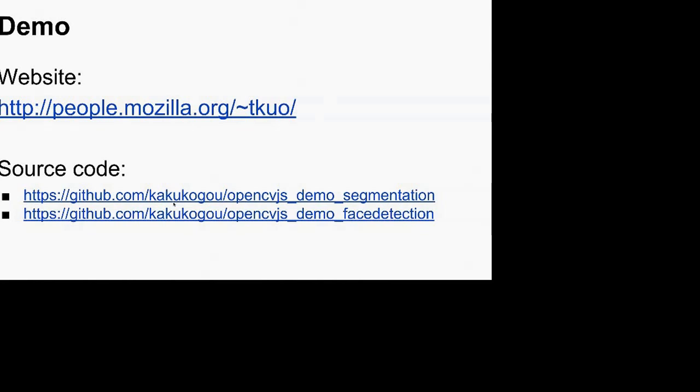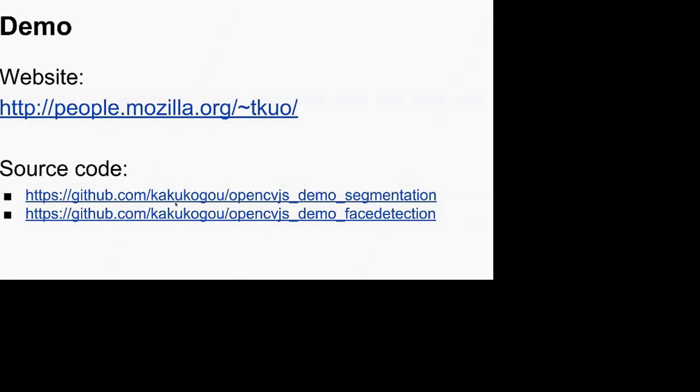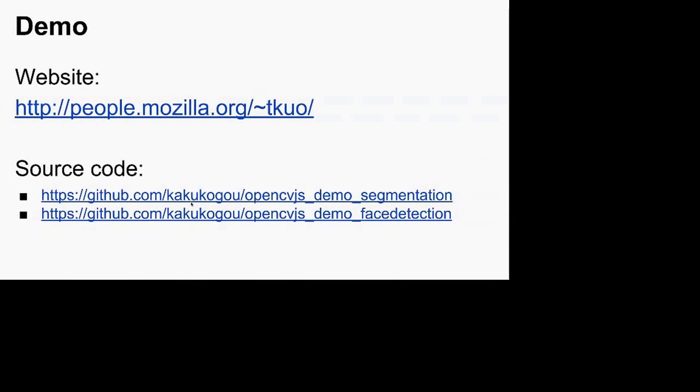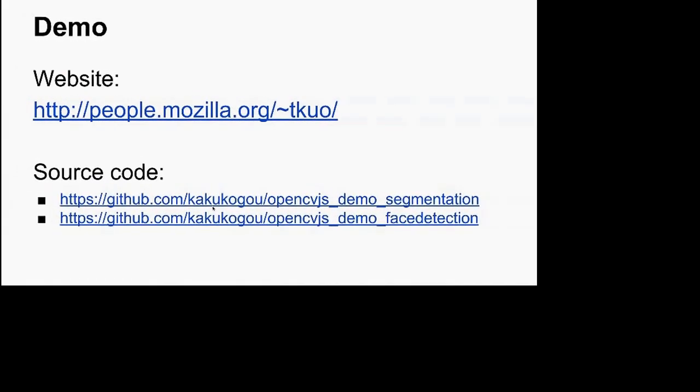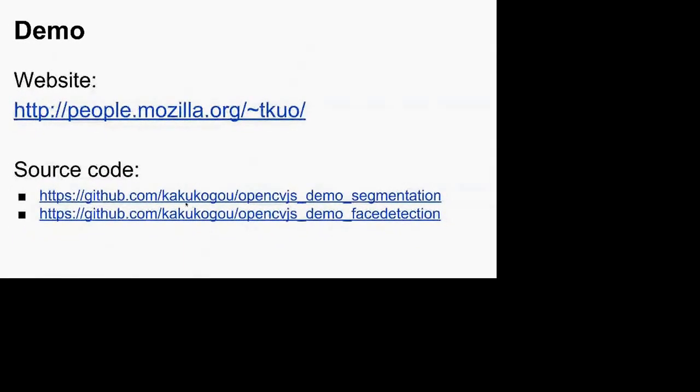There are two versions. One uses the old released Firefox, which is okay, but another one needs a new API called ImageBitmap, which is not yet in Firefox. Let me go through the slides, and maybe if we have time, we can go through the code.